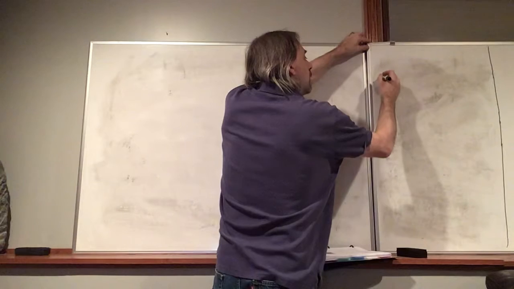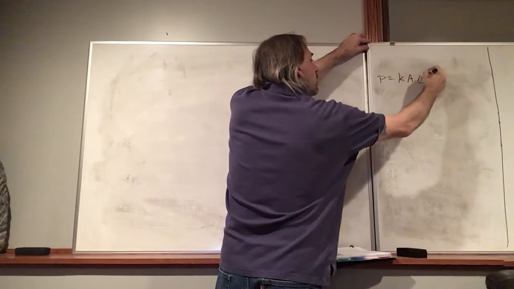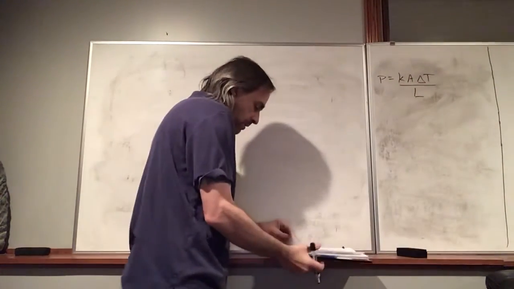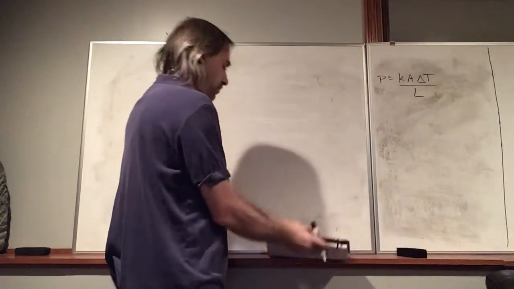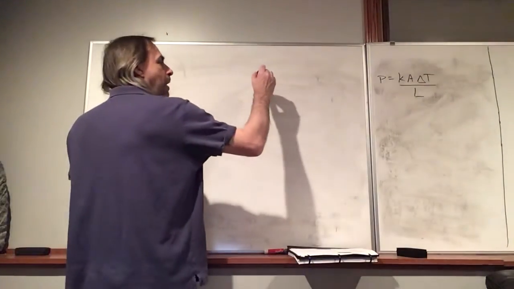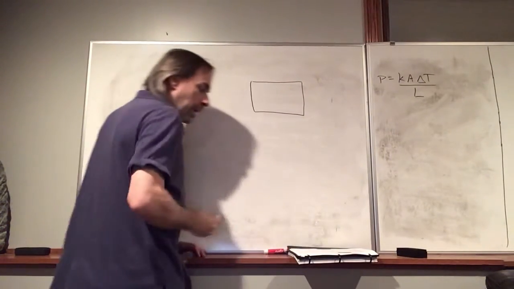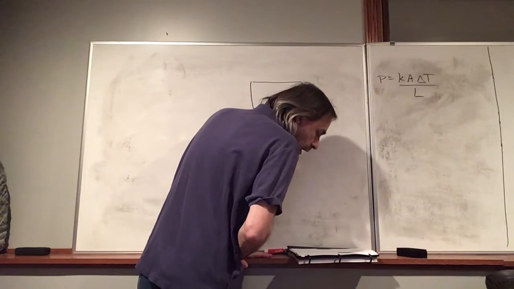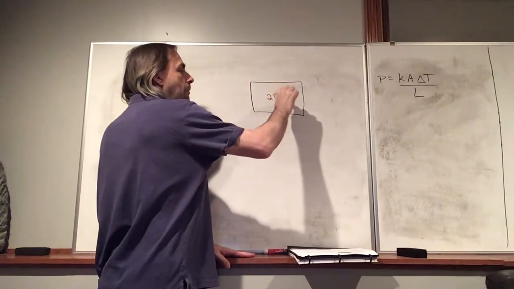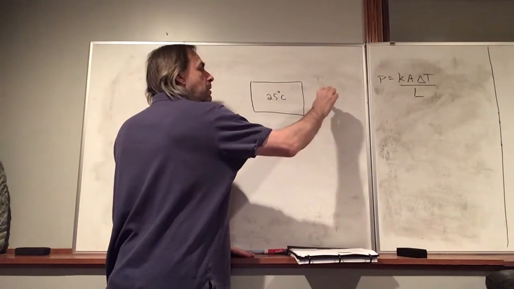All right, so power equals K A delta T over L. Okay, so this is an interesting problem. And say we have a house. And inside the house, it's 25 degrees Celsius. And outside, it is 4 degrees Celsius.